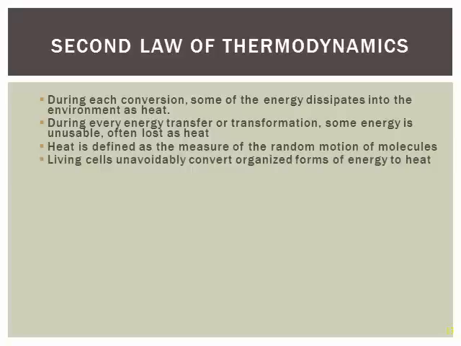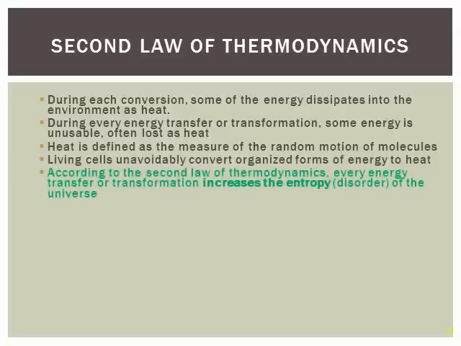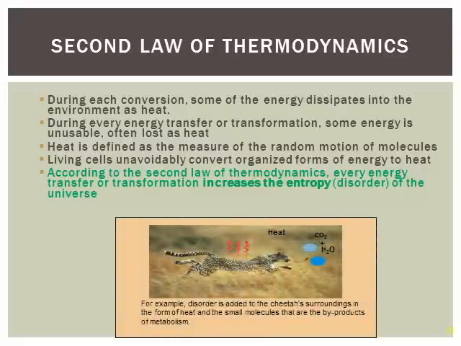We are always converting energy into heat, and every energy change or transformation increases the entropy or disorder of the universe. By contributing heat to the environment, we're increasing the entropy of the environment around us. And this graphic does a much better job than my rambling here.